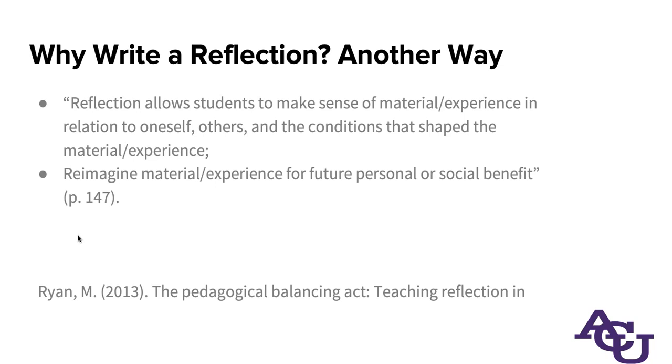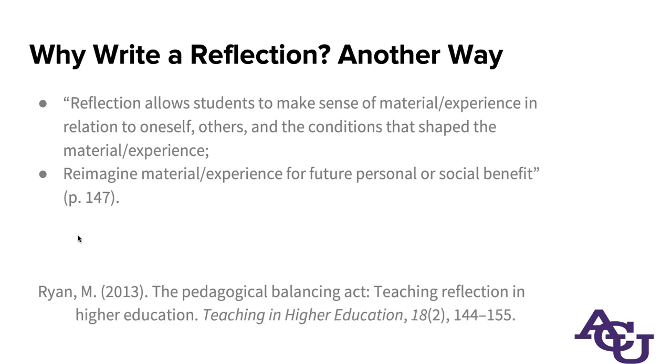Or, so Ryan 2013 stated that one of the purposes of reflection is to reimagine material for future personal benefit. And so in my own life, I plan on doing this, or I expect to do this, or I see this other thing, as suggested by Ryan 2013.